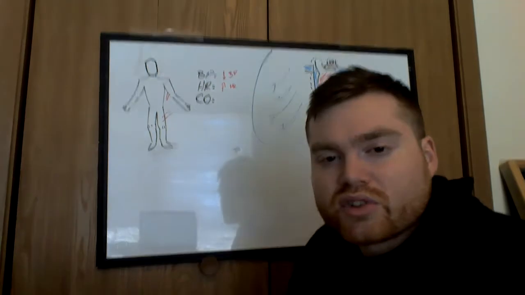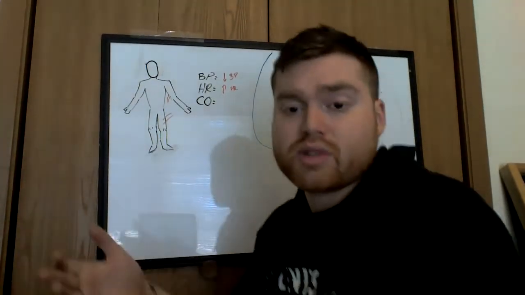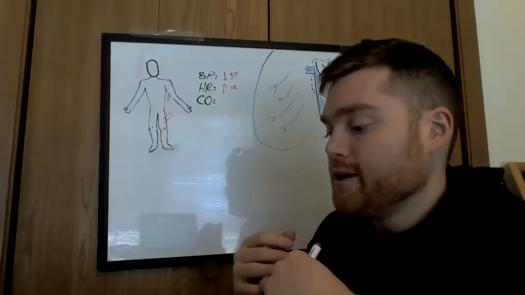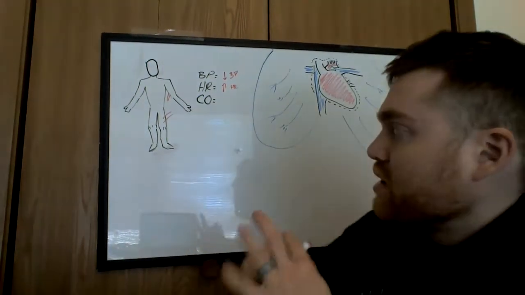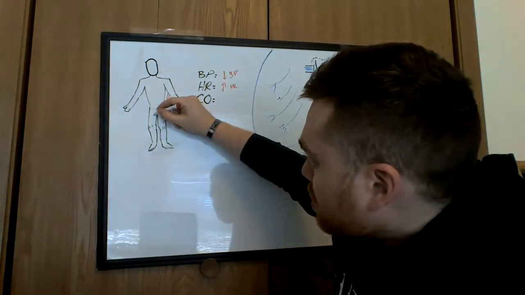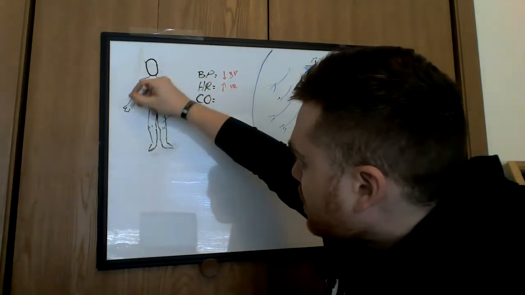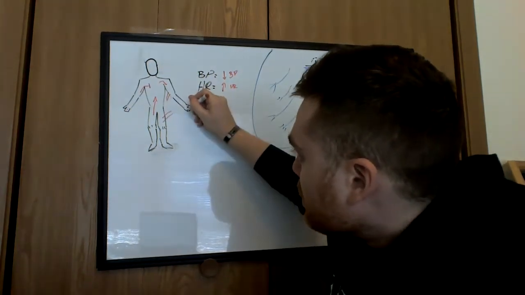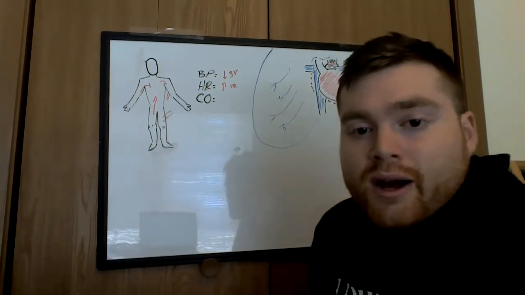Because of that, we're also going to be seeing decreased perfusion because we don't have as much volume to push out to our extremities. Your body is naturally going to want to send all of its blood, if it can, up to your core, to your brain, anything like that. So it's going to be very, very minimal. What we're going to be seeing is a little perfusion to our extremities.